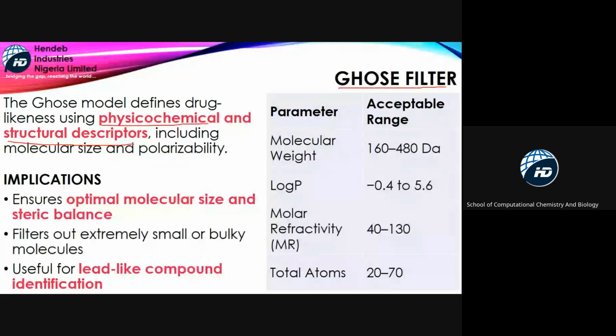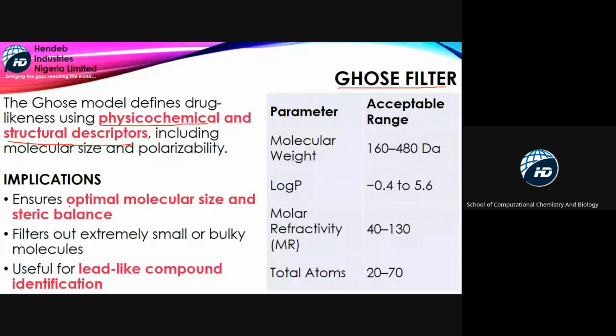So the Gauss filter has some implications: it ensures optimal molecular size and steric balance. So here it looks at the steric effects and the electronic effects. That is what the Gauss filter is based on. Now it filters out extremely small or bulky molecules. So when your molecule is too small or too large, the Gauss filter can help us to filter it off.